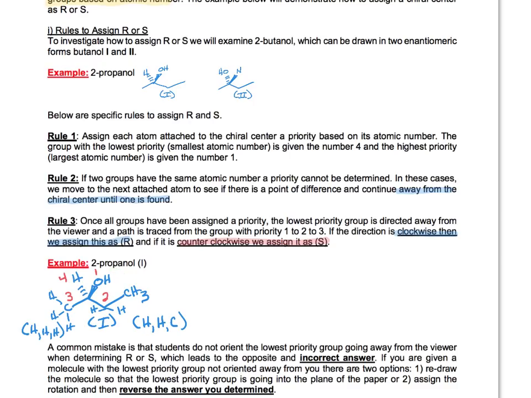Let's erase that. So it's going to be 1 to 2 to 3. And which direction are we going? In this case, we're going clockwise, around the clock. So this chiral center would be R. Our chiral center is an R chiral center.